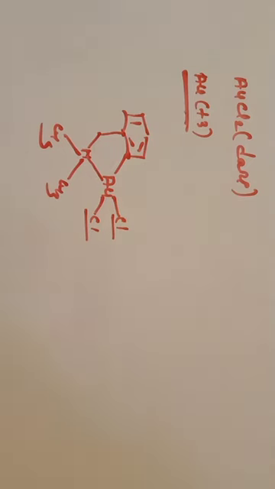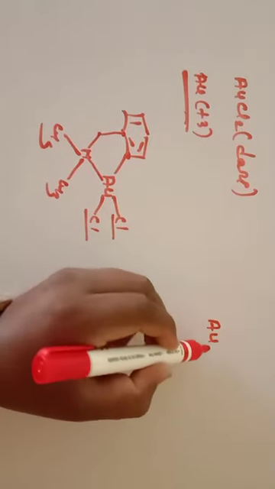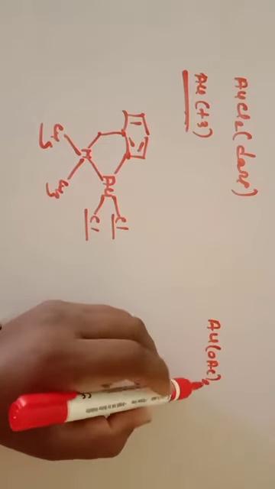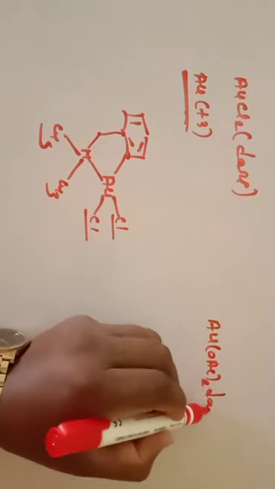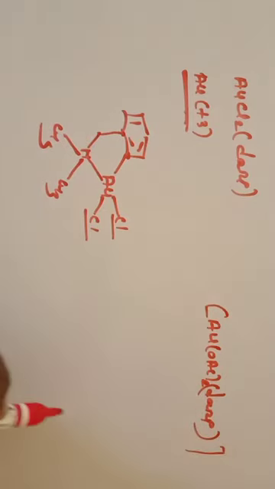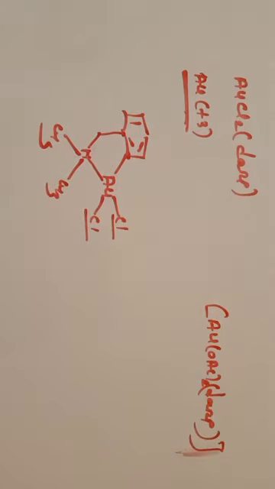So if you consider another example of this gold third, that is Au(OAc)2 DAMP.